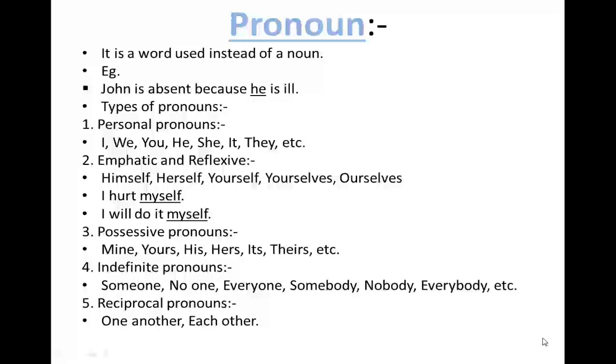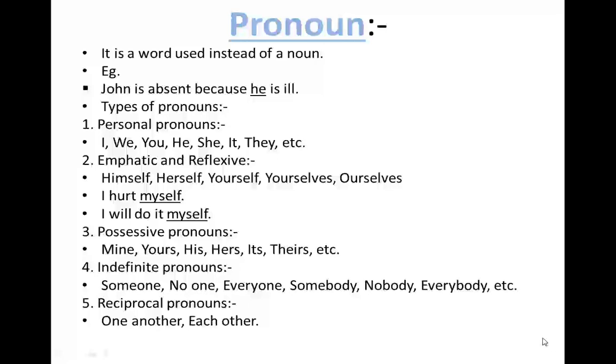Personal pronouns, as is obvious from the word, are the words that we use for a person or for the person who uses it for himself or herself. For example, I, we, you, he, she, it, they. These are the personal pronouns.